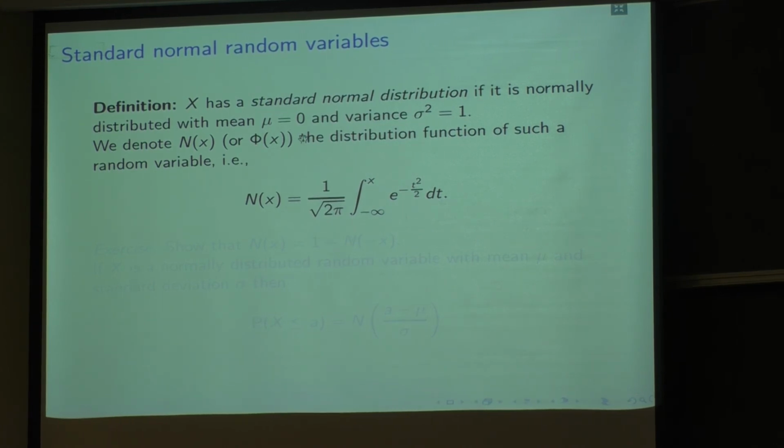I'm taking mu to be 0, sigma to be 1, and I'm getting this expression for this distribution function. And if we go back to the density function of such a standard normally distributed random variable, well, the density function looks like the picture I just erased. So let me do this again.